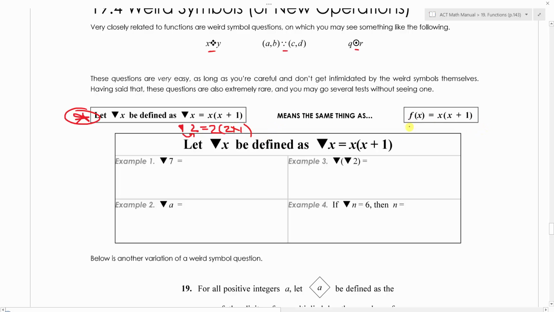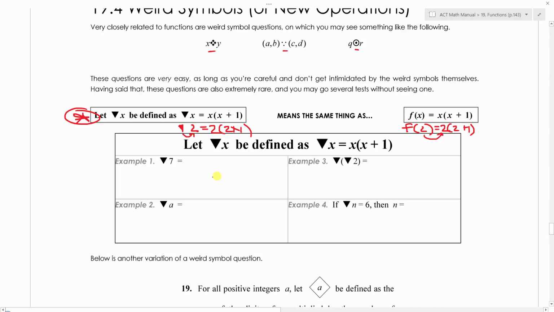Same thing over here. If you had f of 2, they are telling you to throw that thing in for your x's. So you're talking about exactly the same thing here. It's just substitution. That's basically it.